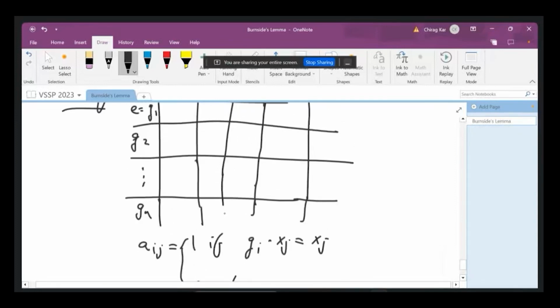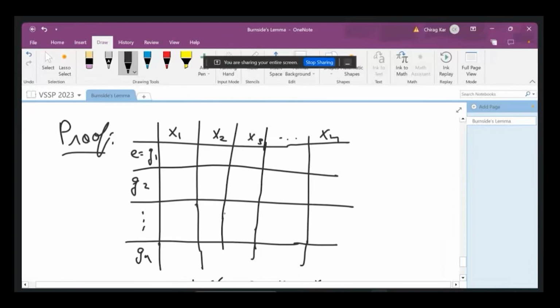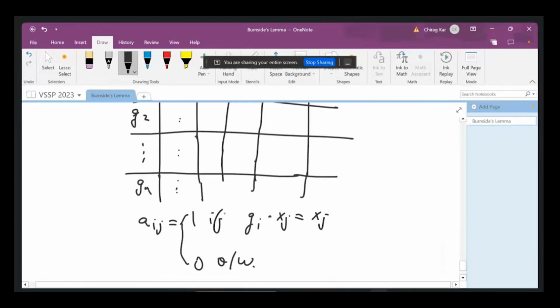As is clearly visible, for the identity this would be 1, this would be 1, this would be 1, and so on, for all of them. Similarly, for the other rows, we fill it with either 0 or 1, since by the properties of group action, this is all defined.